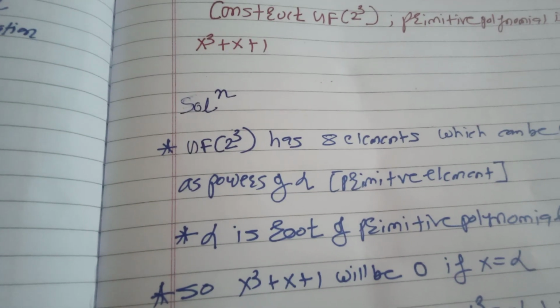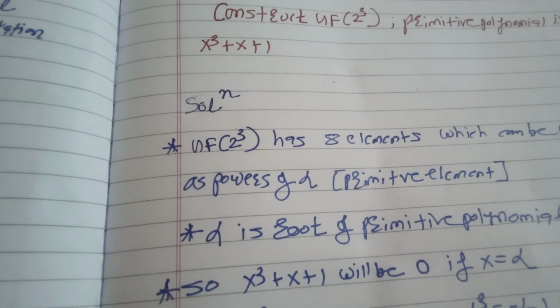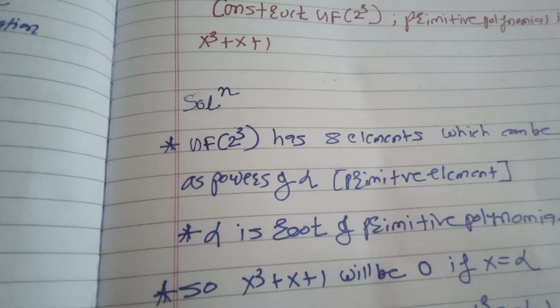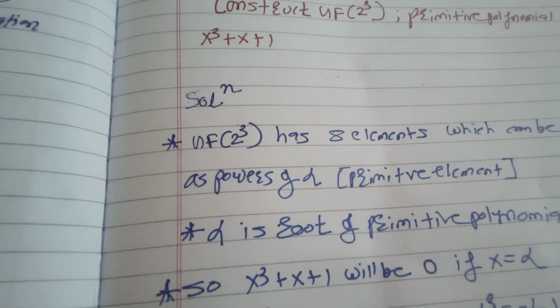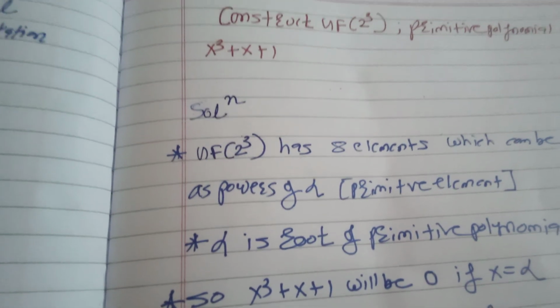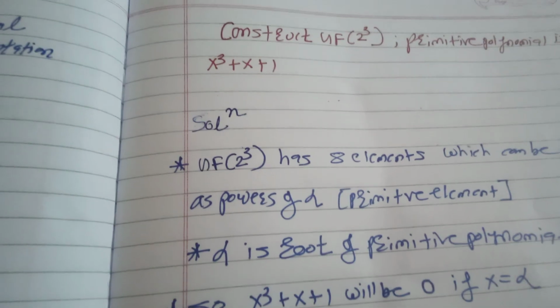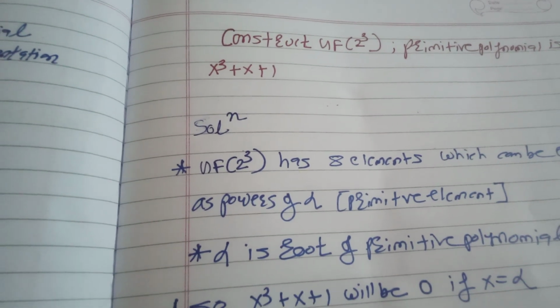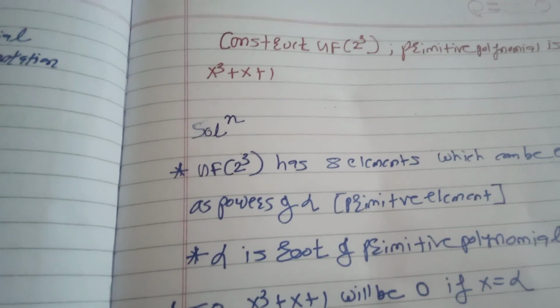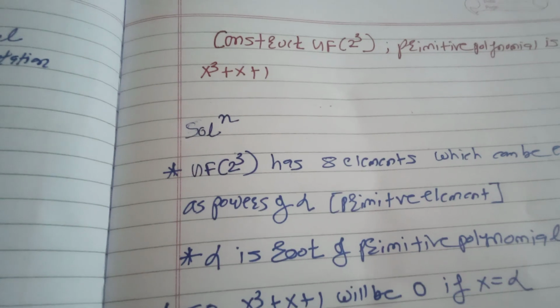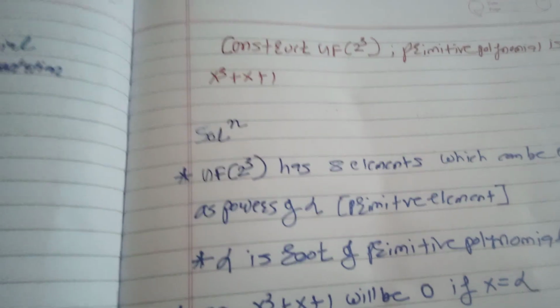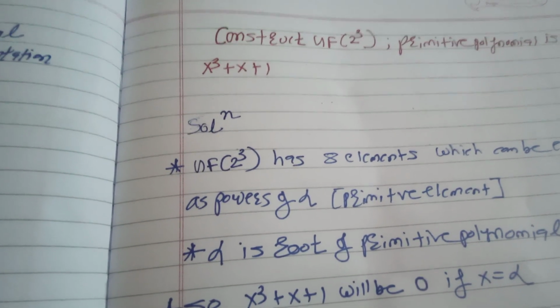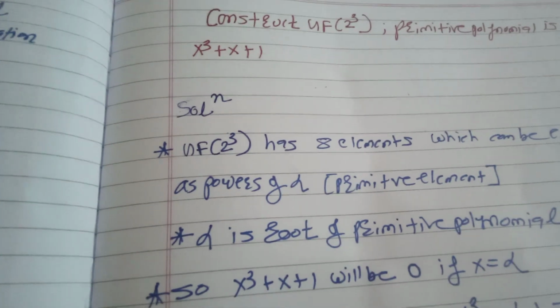These two features of the primitive element we have already mentioned in one of the videos regarding primitive element features. Its different powers are nothing but all the elements of that Galois field, and it is a root of the primitive polynomial.